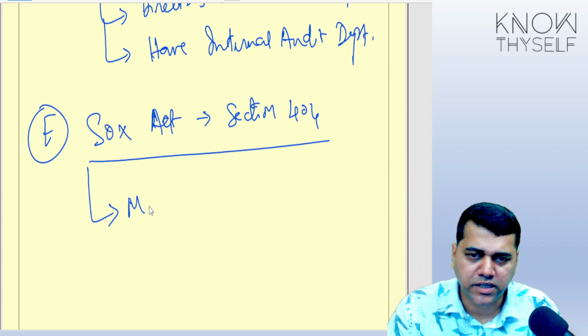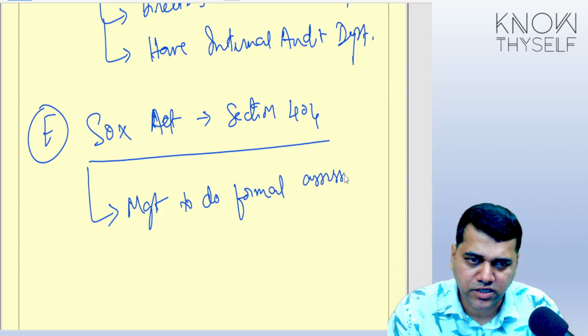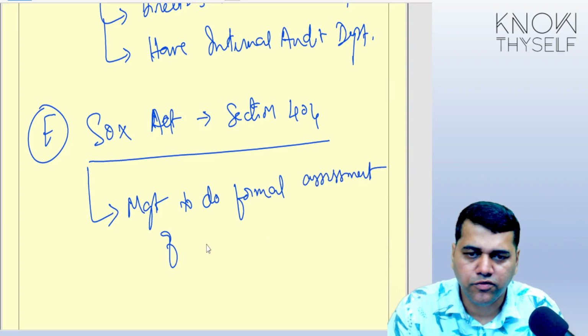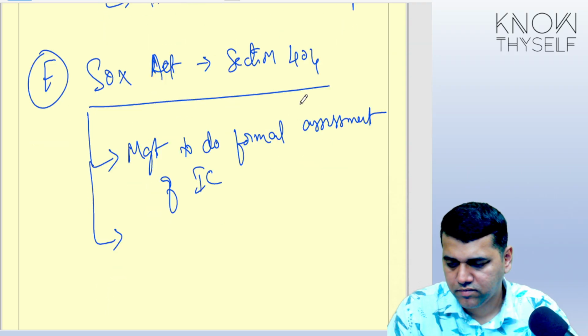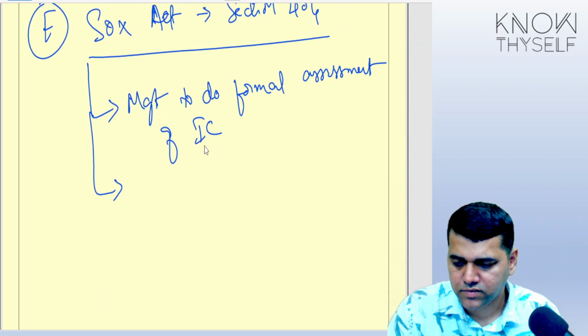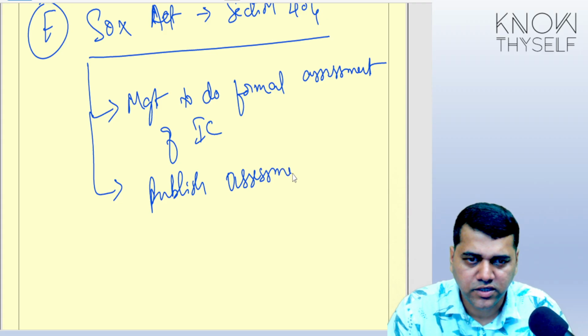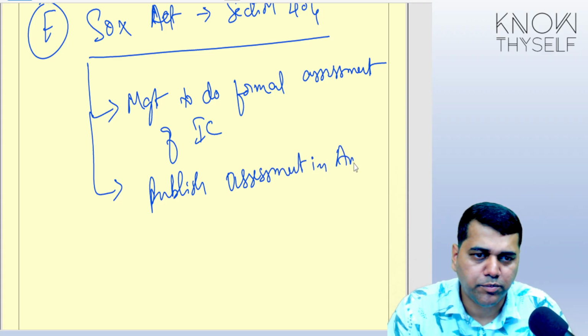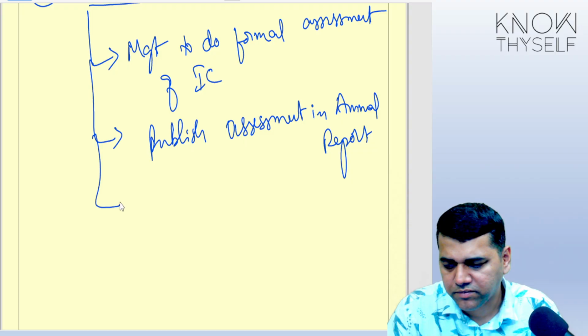Management to do a formal assessment of internal controls, publish the assessment in the annual report along with all your director statements and other things.